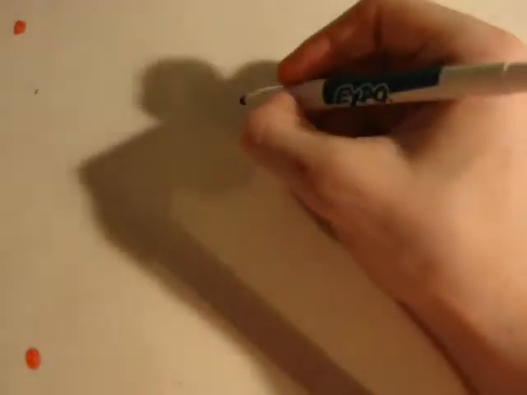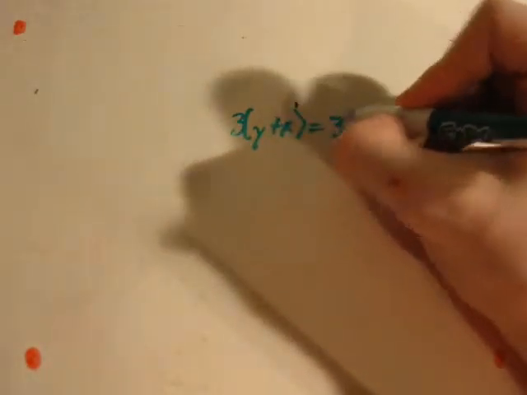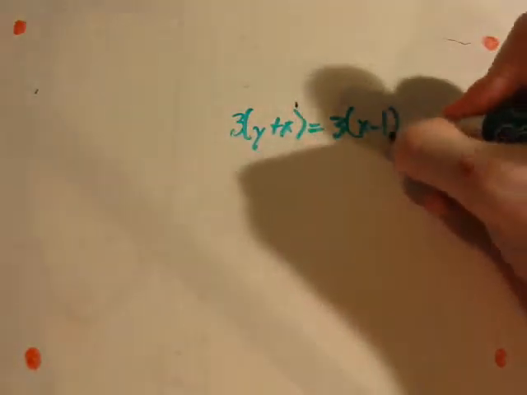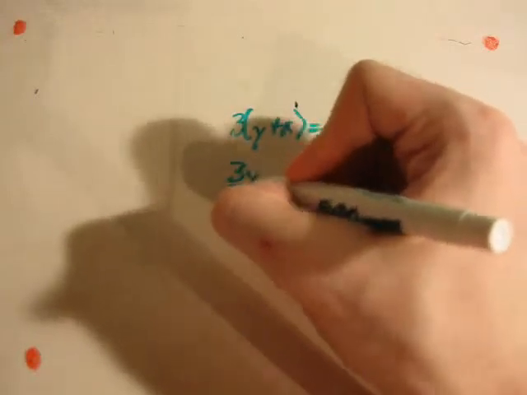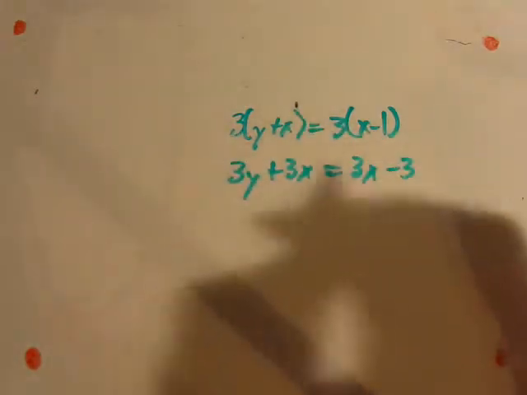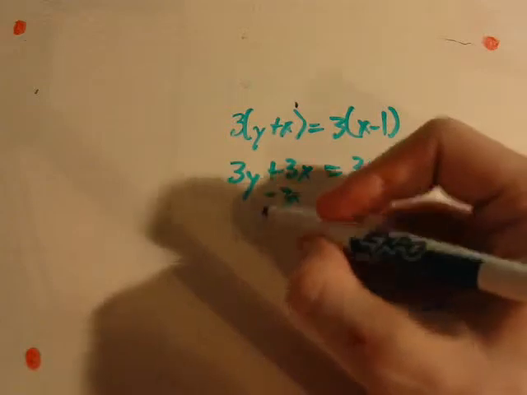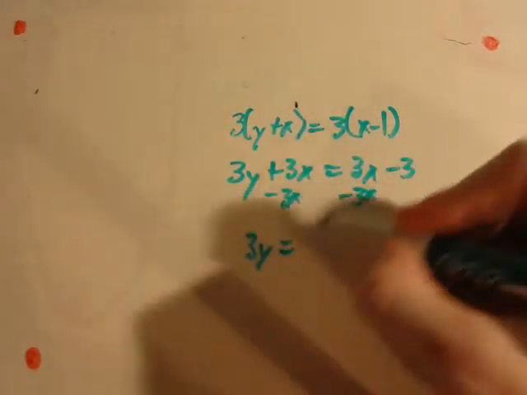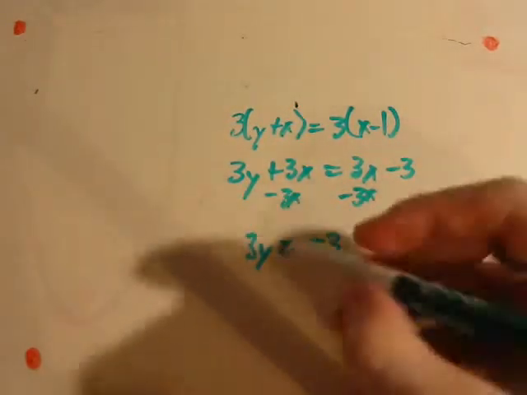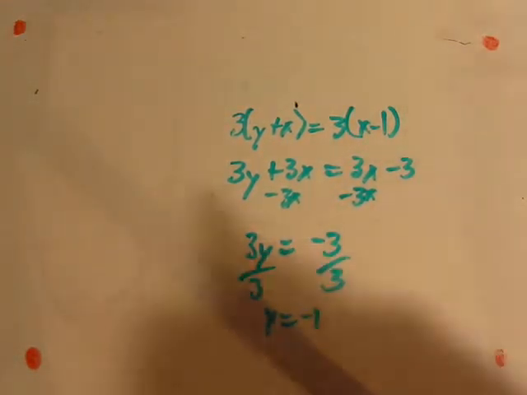Or let's say we have something in general form, such as 3 times y plus x equal to 3 times x minus 1. To get into slope-intercept form, we distribute, move variables around, divide, and there you go.